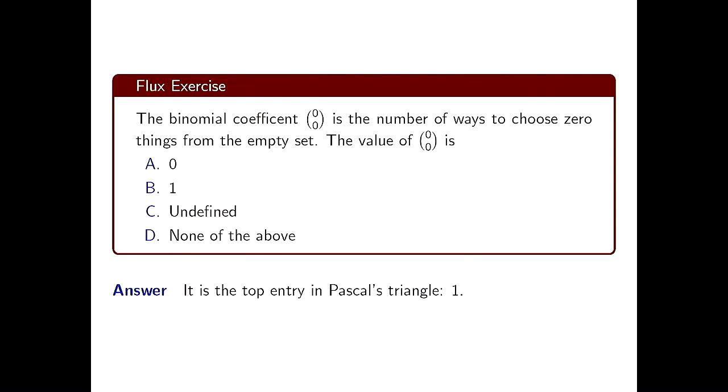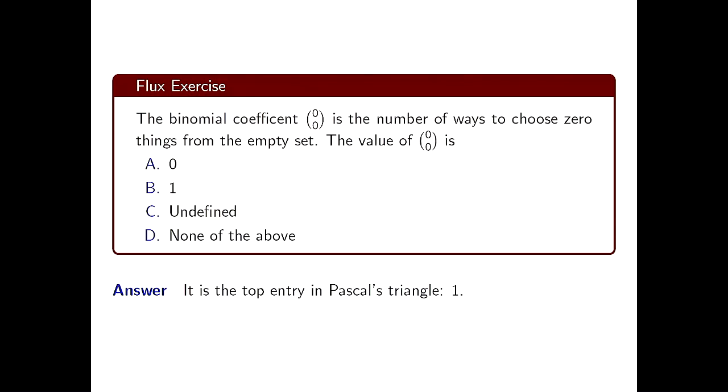I think you can almost make a case for this philosophically as well, right? If you think about choosing 0 things from a set of nothing, you can do that. You do it by choosing nothing, and there's only sort of one way to do nothing.